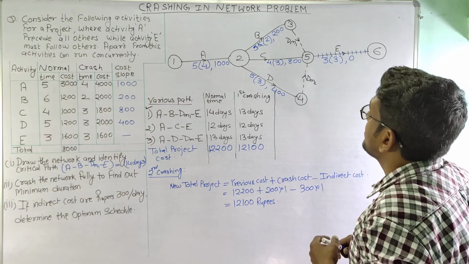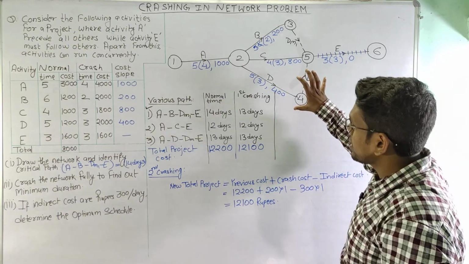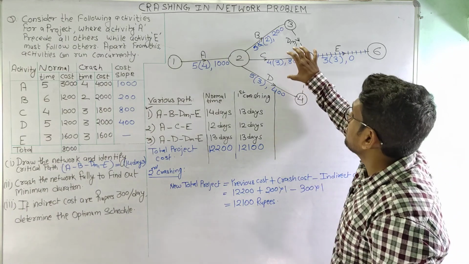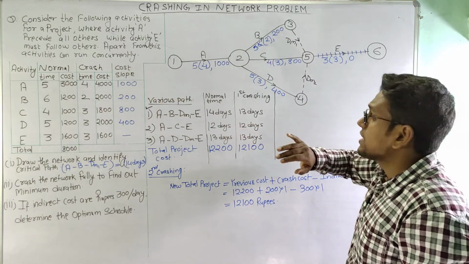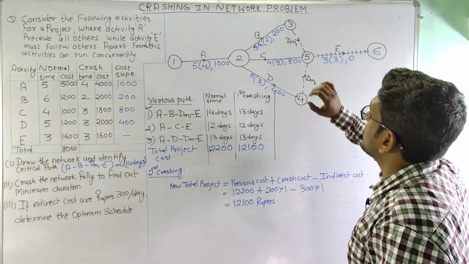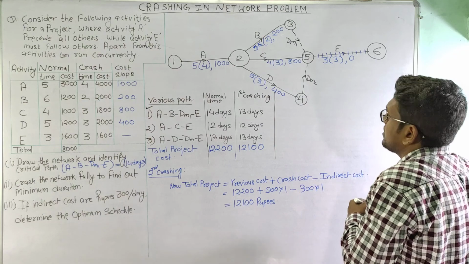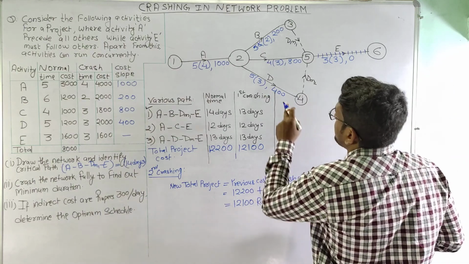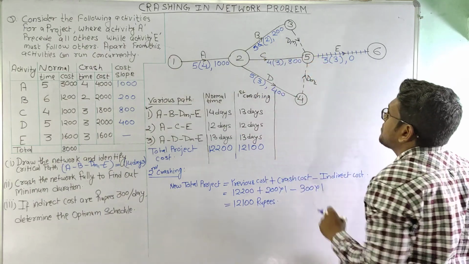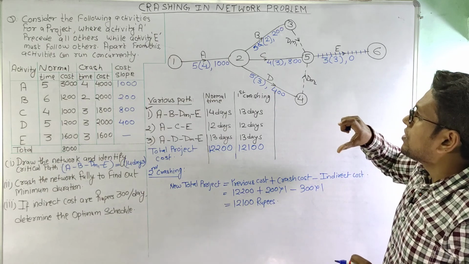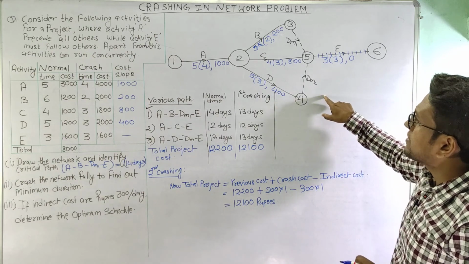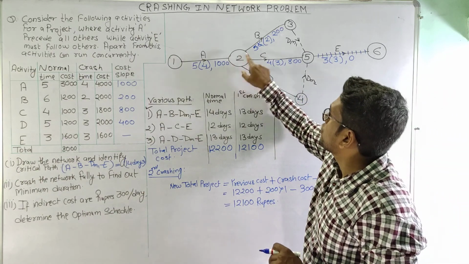So we will see what is the minimum slope that we can select for the activities. As we can see here, if there are two critical paths, we need to select the activities to be crashed.